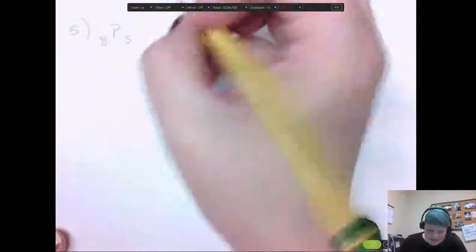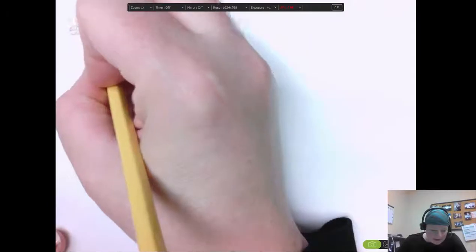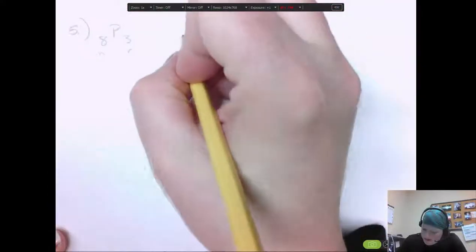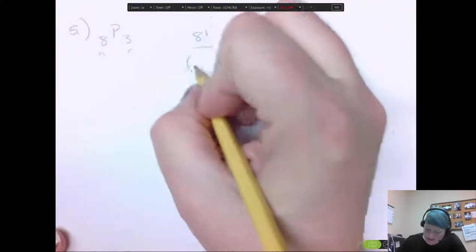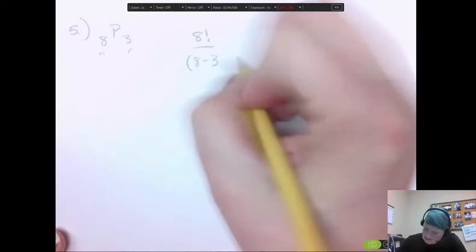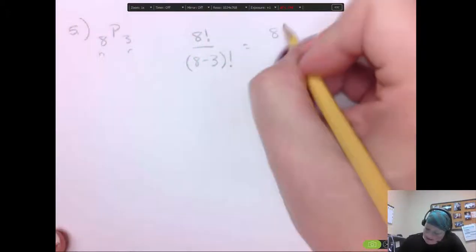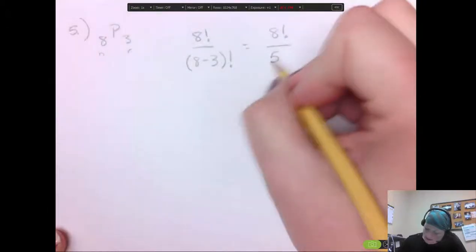So the formula says n. Remember, it goes n, r. So n is your total. So we would have 8 factorial over 8 minus 3 factorial. So let's simplify this. 8 factorial over 5 factorial.